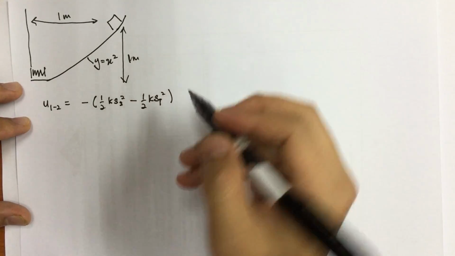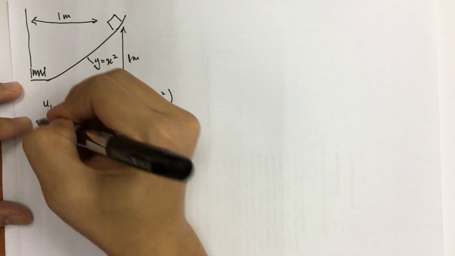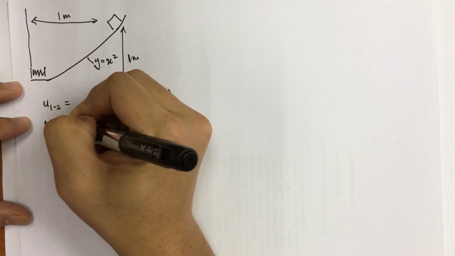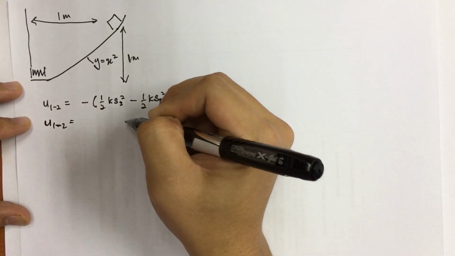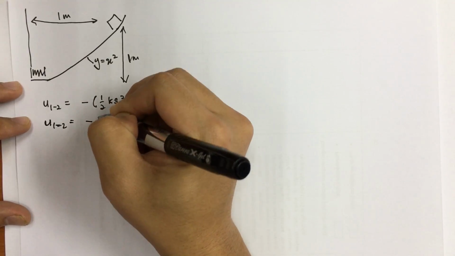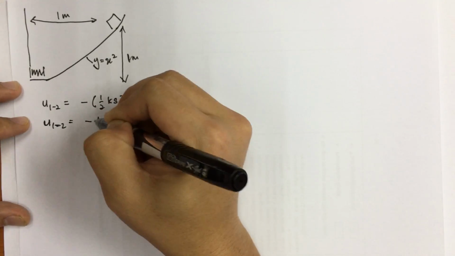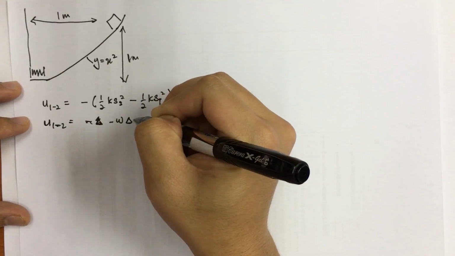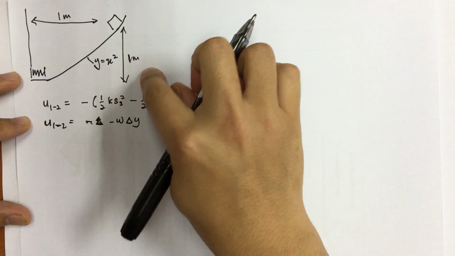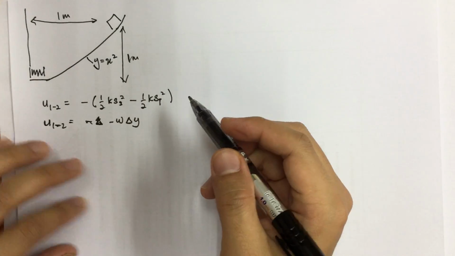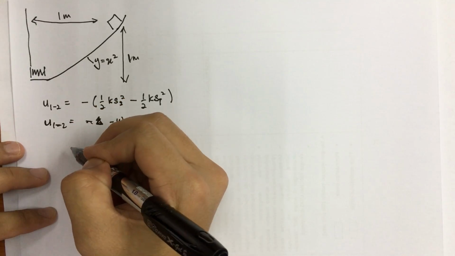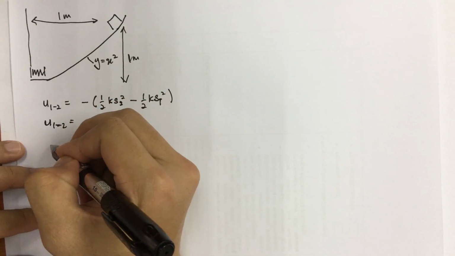This is the equation for the spring energy, and this is the equation from 1 to 2 for the potential energy, which is minus weight times delta y. So we are moving downwards, right? Before we go to the spring, we write the kinetic energy and the total energy.